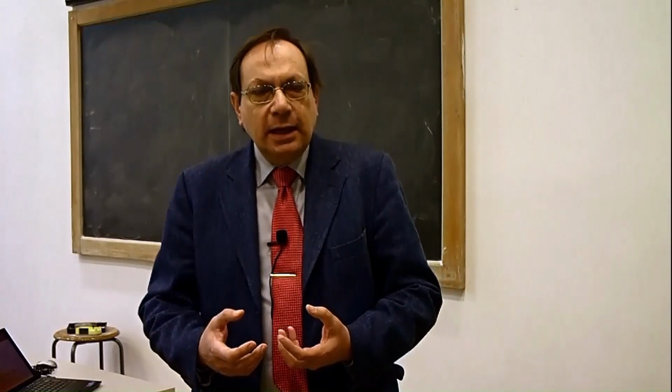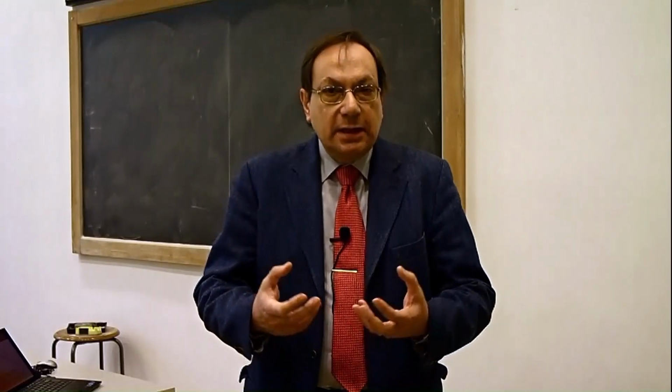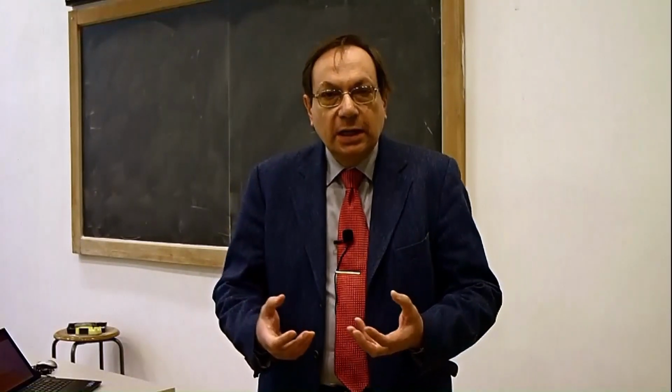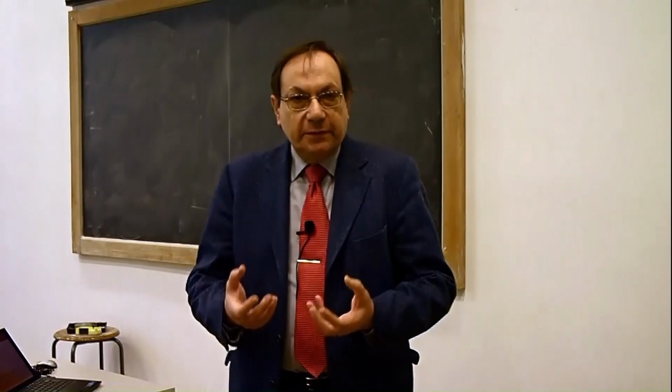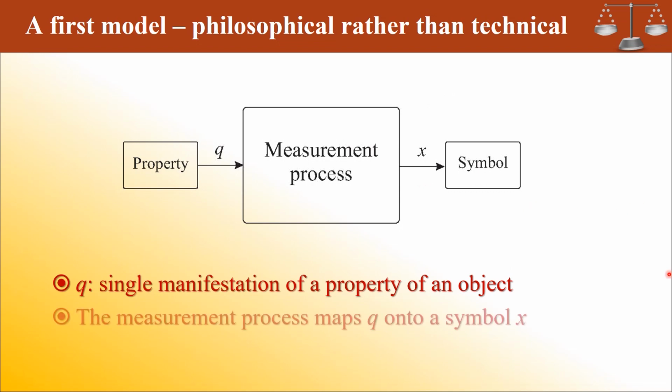On the other hand, a number is a symbol, an abstraction, the same as a reference or a measurement unit. So they belong, from the philosophical point of view, to the world of symbols. So we may think, as shown here on the slide, that the measurement process is something that maps a property, a manifestation of the property of interest Q, onto a symbol X that is taken from the world of symbols.